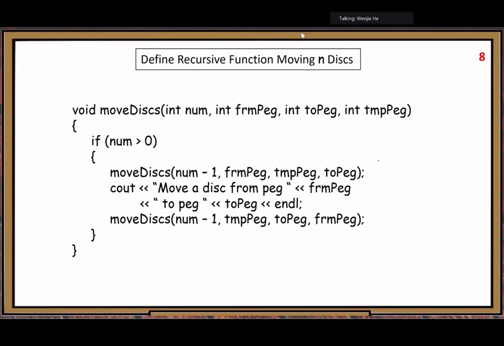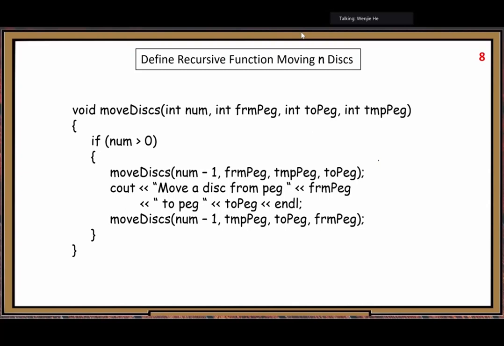The input has 4 parameters. The first one is the number of disks. Second, an integer as the from peg. Then the third parameter, an integer to peg, is the destination peg.